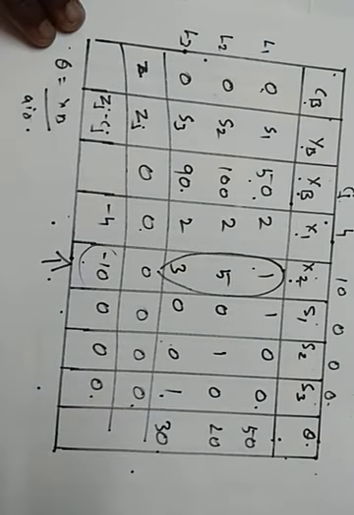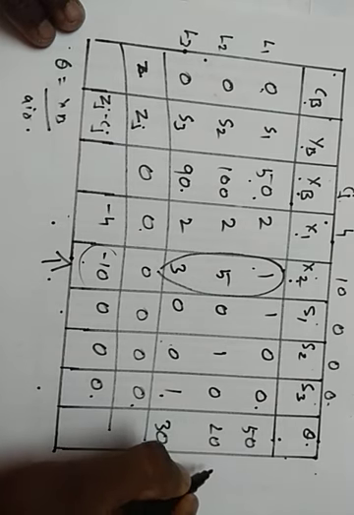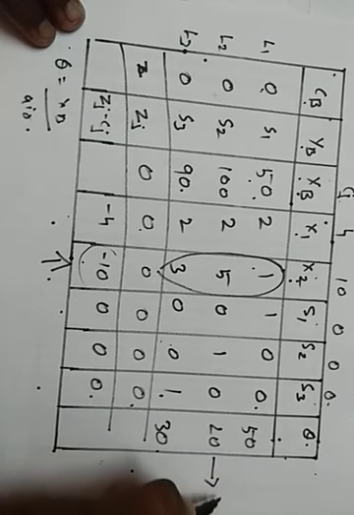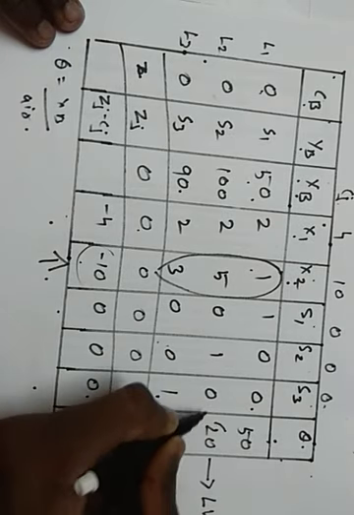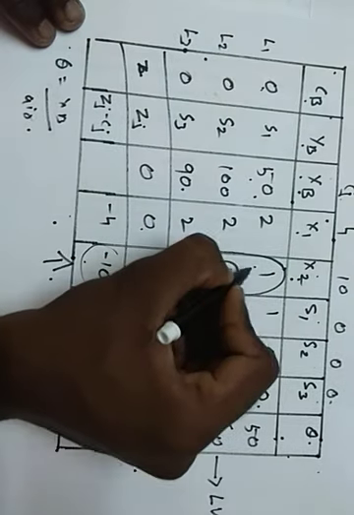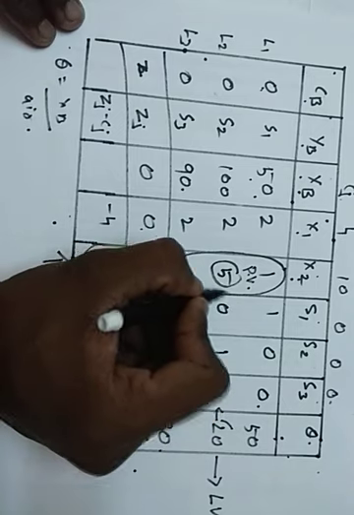So in this we have to calculate the leaving variable. Leaving variable is nothing but the lowest positive number, which is absolutely 20. So if you go straight over here, this is called as pivot value. We can identify our pivot value.